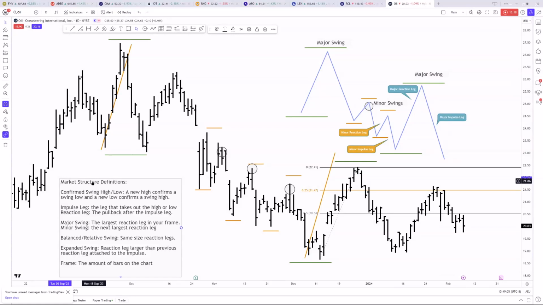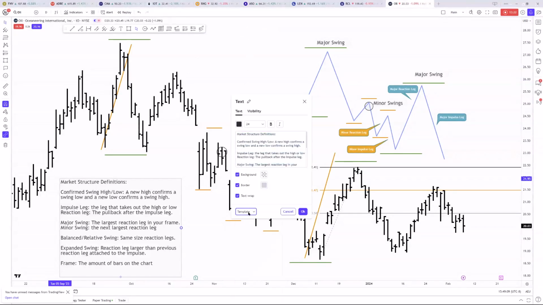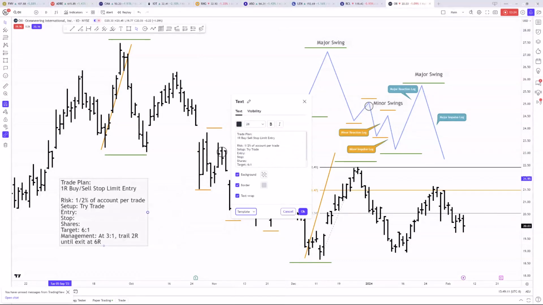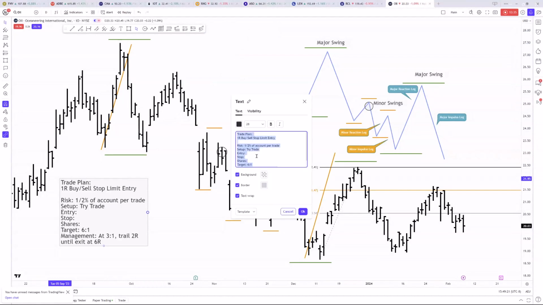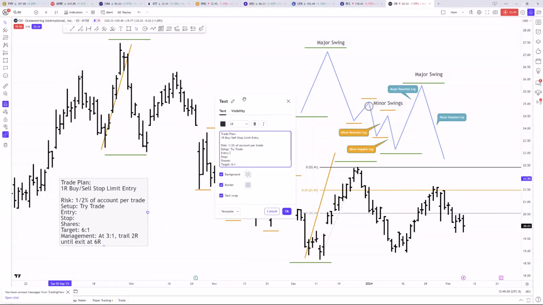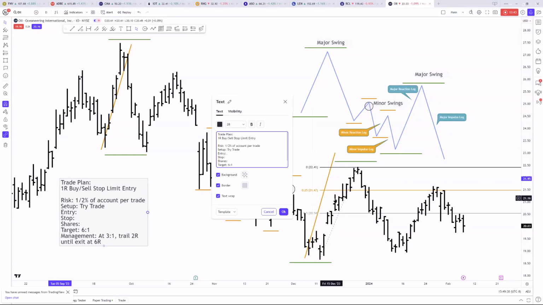So let's get rid of this so we can put our plan over here. And I know exactly where I'm going to enter. 20.54. And I'm going to mark it down. $20.54.